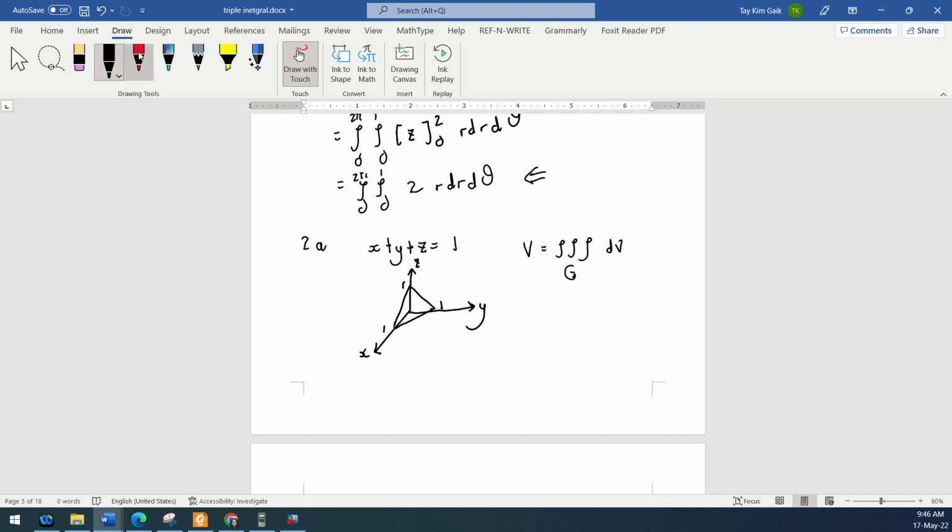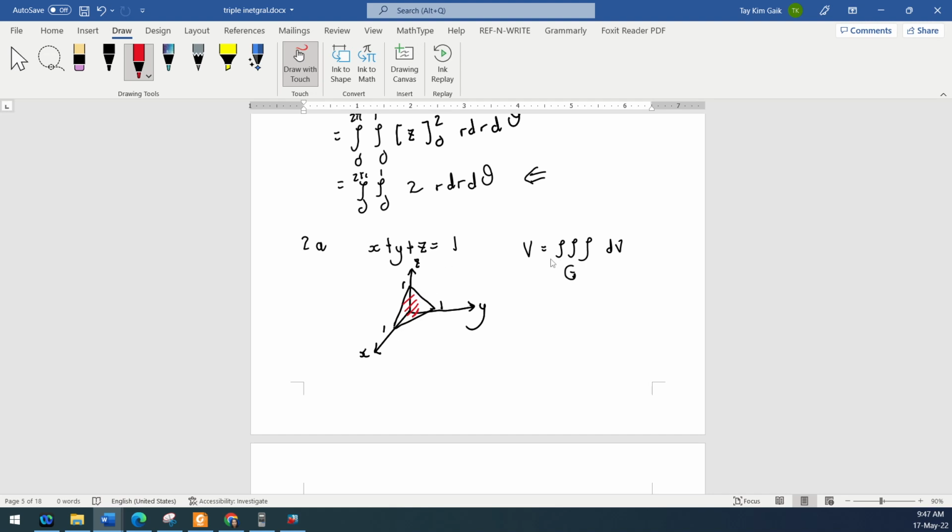So you want to find the volume between this triangle and your left wall, front wall, and the wall on the floor. Can you imagine where is the volume that you want to find?